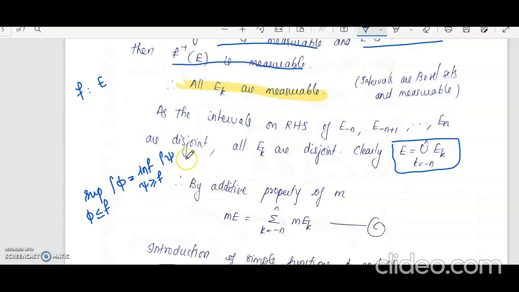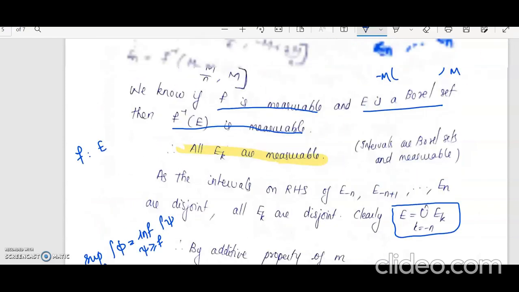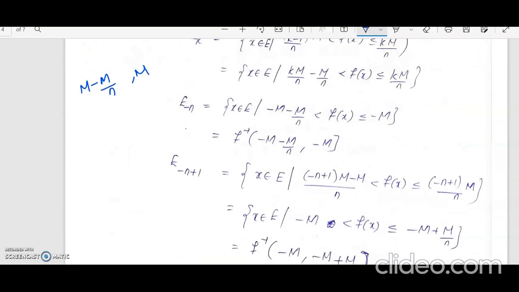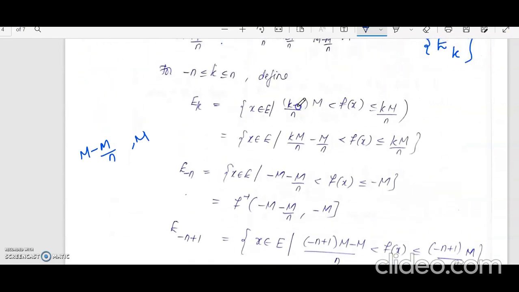So we need to bring in these functions phi and xi. Here we have defined the sets Ek. In Ek the function lies between these values (k-1)m/n and km/n.